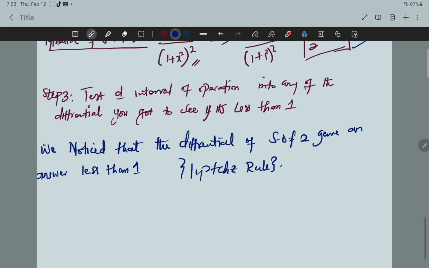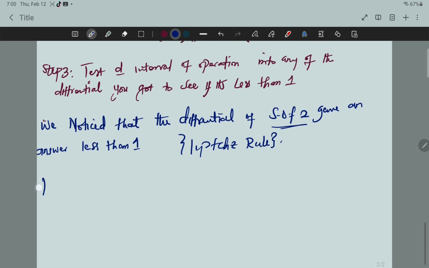So we rather go with this one. Now that we have found out that the differential of SOF2 gave us an answer less than 1 according to Leibniz, we go for SOF2 itself, not the differential.